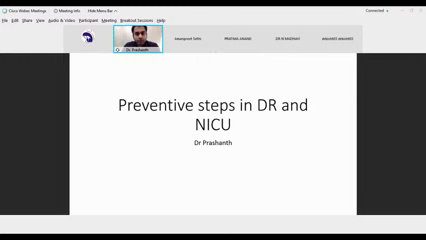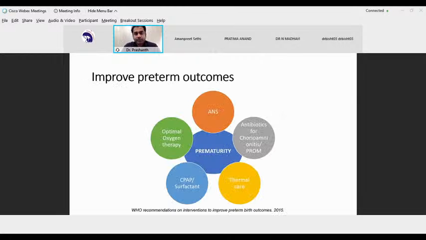We know that one of the most important factors for retinopathy of prematurity is prematurity and low birth weight. Correct? Unfortunately, not much can be done to prevent preterm birth. But what we certainly can do is improve our preterm outcomes.